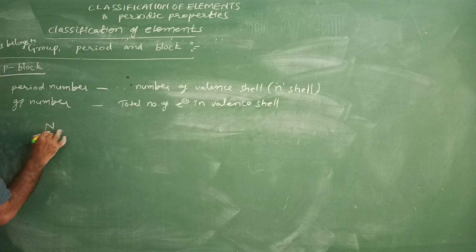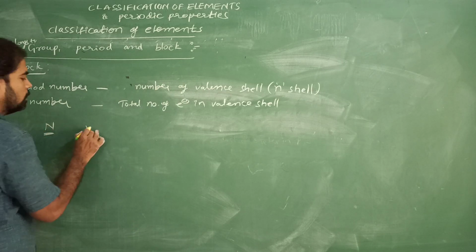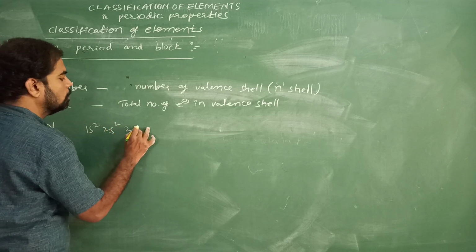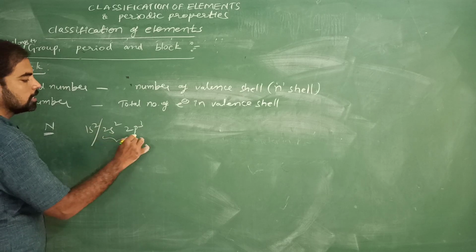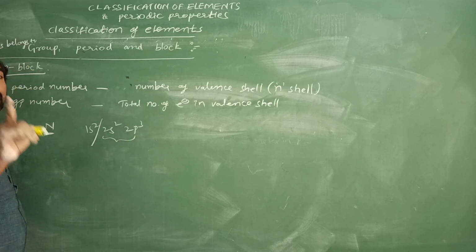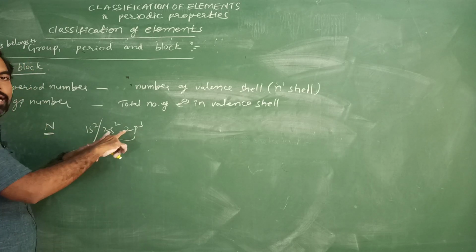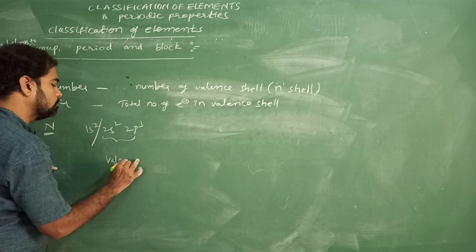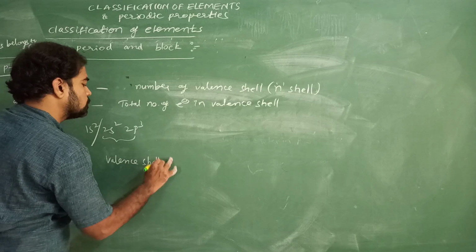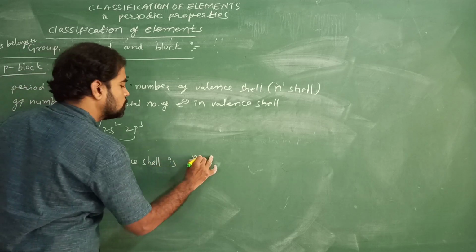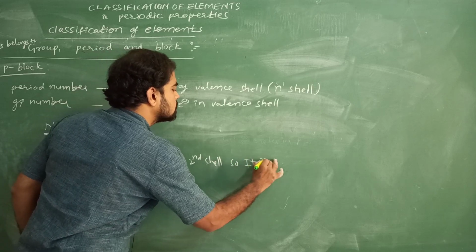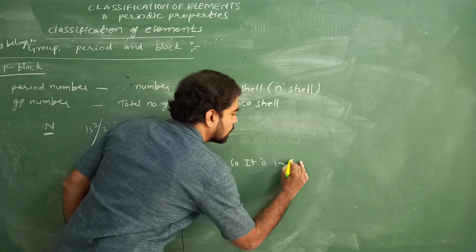Nitrogen belongs to which group and which period? Simply write the configuration. The atomic number of nitrogen is 7: 1s2, 2s2, 2p3. First shell, second shell, this is the valence shell. The valence shell number is the period number. The valence shell is the second shell, so it is in the second period.